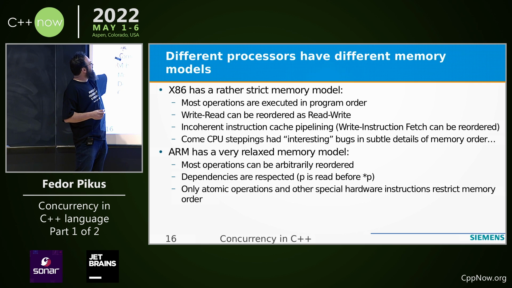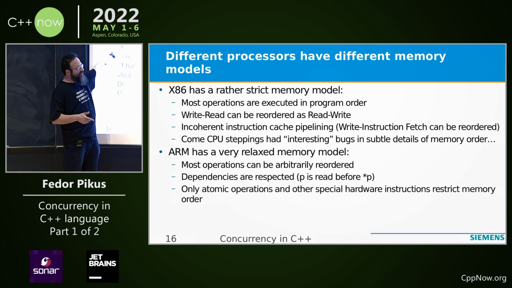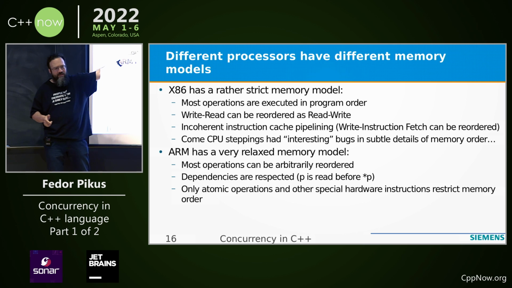So this read will always see what you wrote. On x86, within one thread, this read will see whatever you wrote. So in this sense, it cannot be reordered.